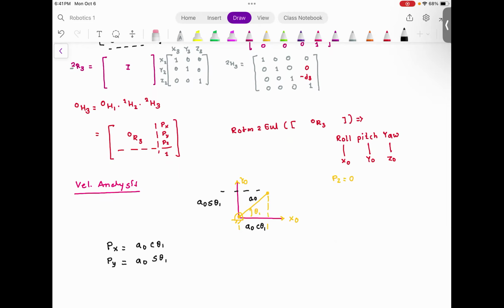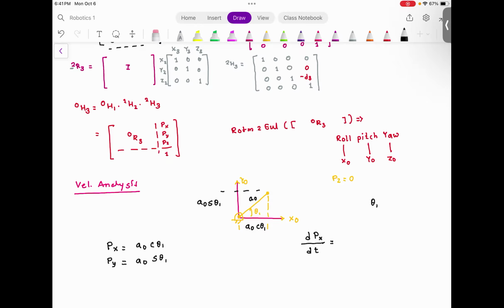If I want to find out the velocity, what should I do? Differentiate. Now note, we are differentiating with respect to t.